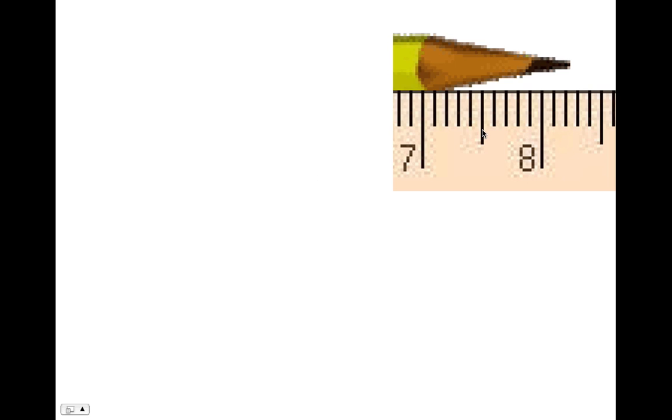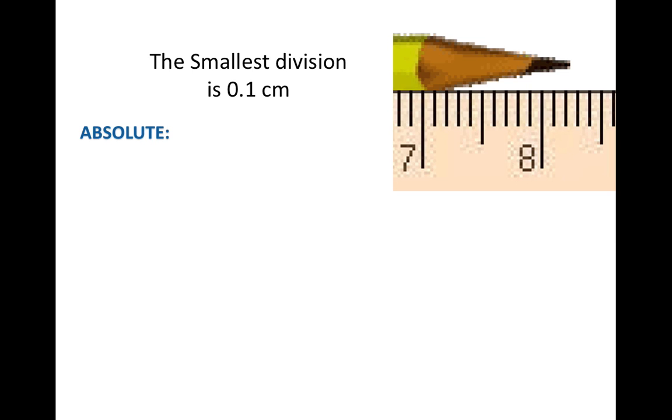Here we have a ruler, and we know that it's 7.5, 8, 8.1, 8.2. It's a little bit longer than 8.2, but the smallest division we see is 0.1 centimeters. So half of that, because this is an analog device, and remember we take half of the smallest division, is going to be 0.05 centimeters.